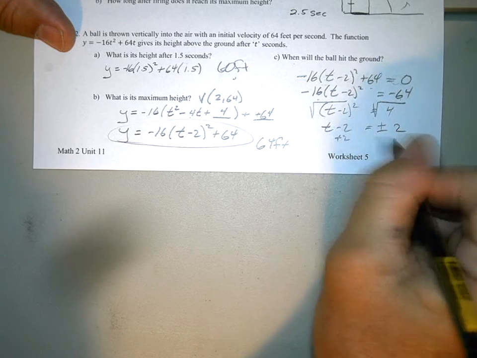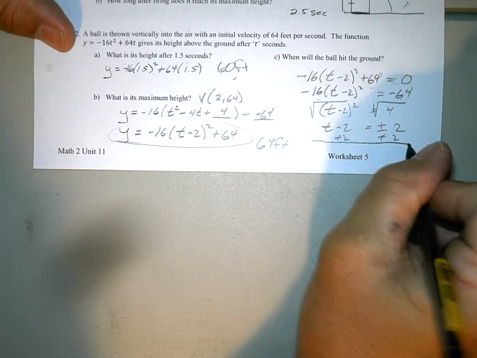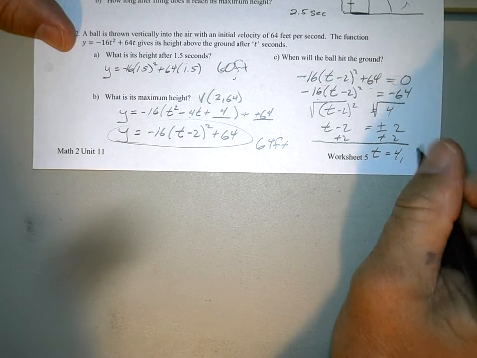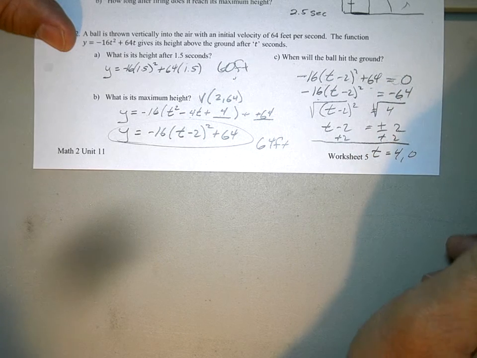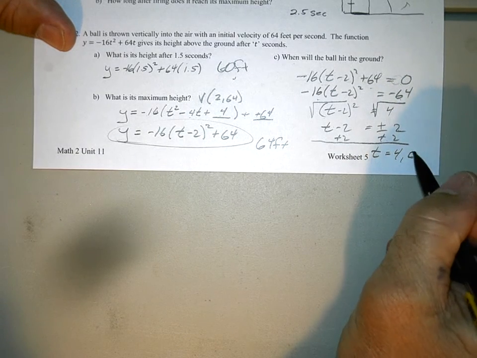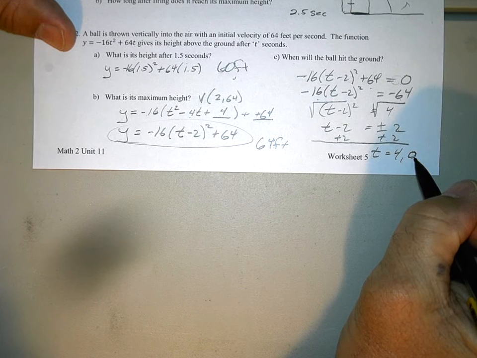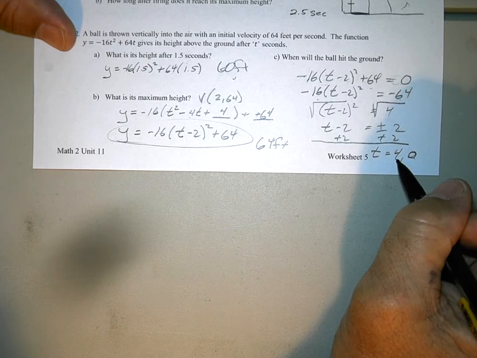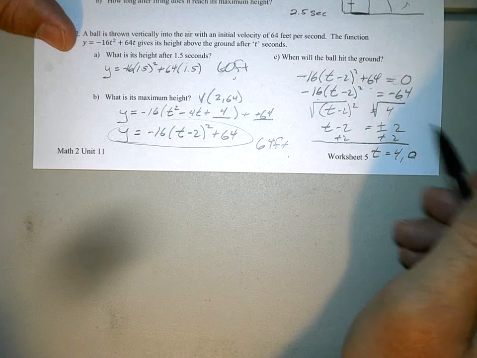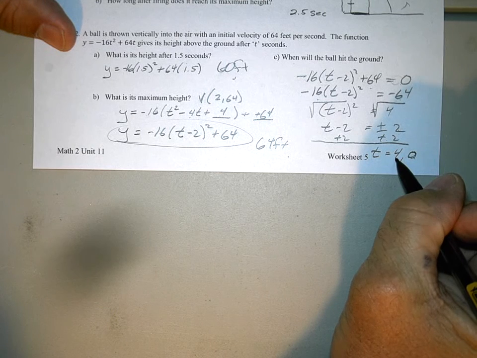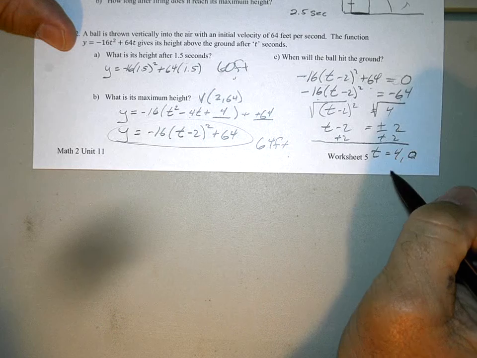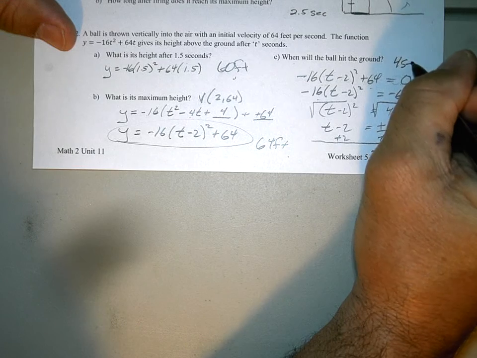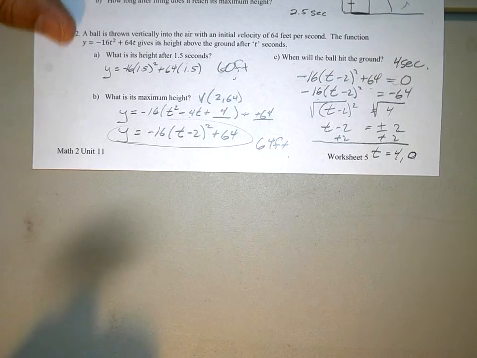We'll add 2 to both sides, and we get t equals 2 plus 2, which is 4, and 2 minus 2, which is 0. So this is before the ball is thrown. It's on the ground, and then we throw it up in the air. It goes up to a maximum height of 64 feet in 2 seconds, and then 2 seconds later, it's back on the ground. So when will the ball hit the ground? 4 seconds after it's thrown. Okay, I hope that helps.